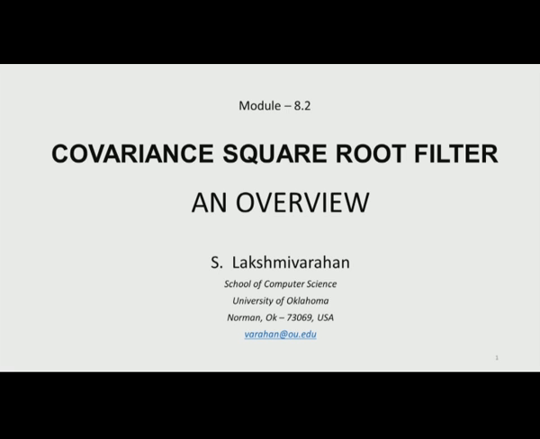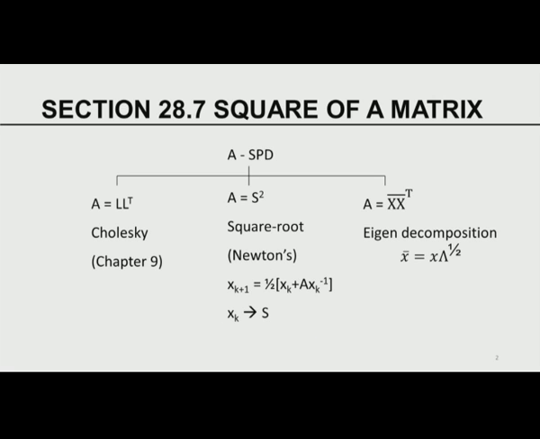There is a natural connection between ensemble realizations of filters and the covariance square root filter. So it is also for that reason we would like to educate the reader with respect to the derivation of the Kalman filter equations not in the covariance form but in the square root of the covariance form. So that leads to the covariance square root filter.